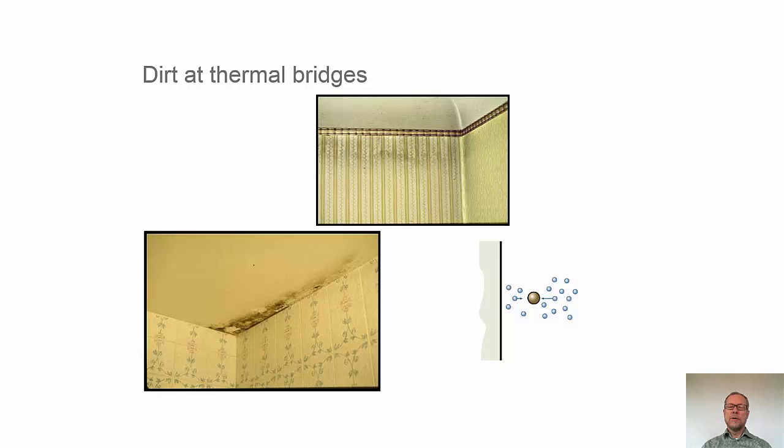These molecules bounce towards the dirt particle, but they give more kicks from the warm side than the cold side. So slowly but surely the dirt particle moves into the cold areas and will finally be stuck to the wall. That's why you can see dirt formation where we have thermal bridges.